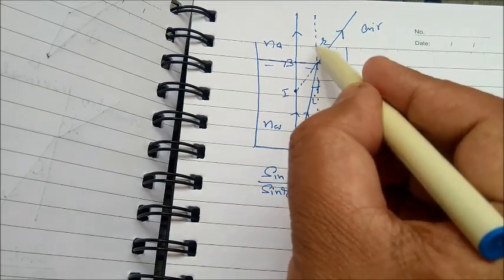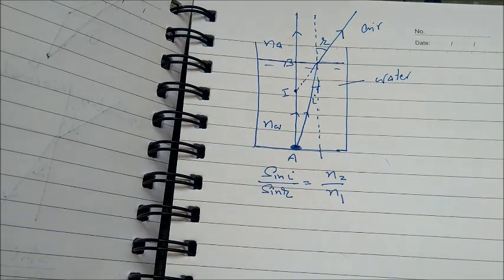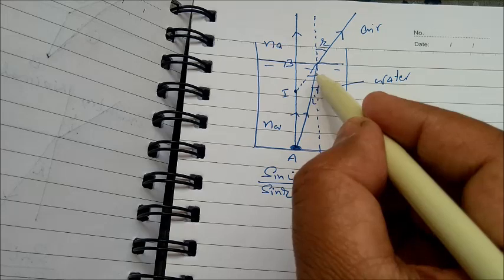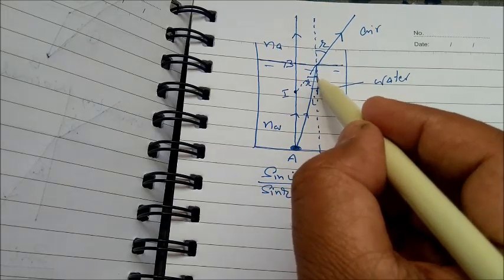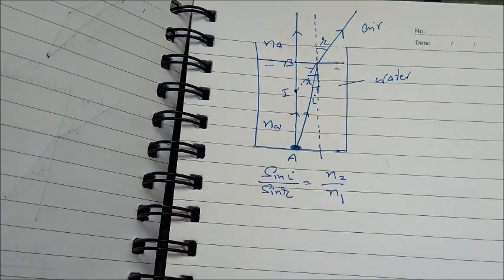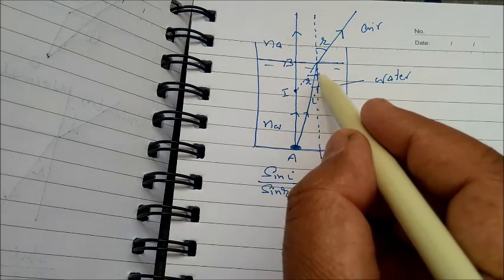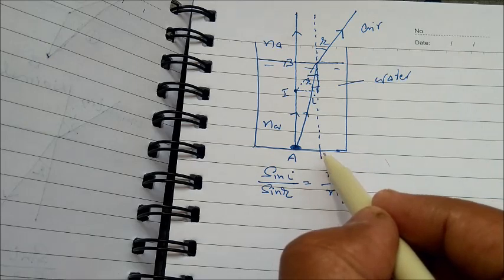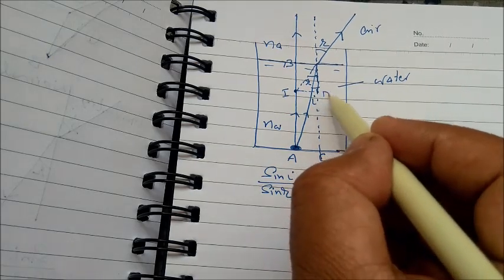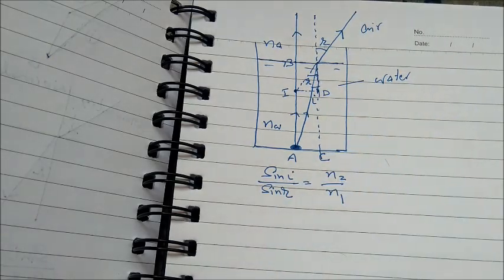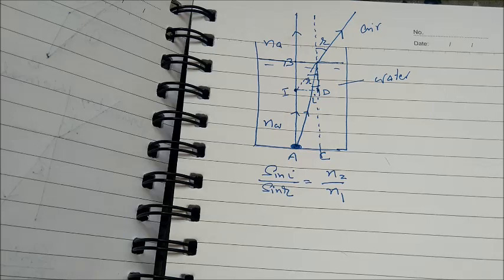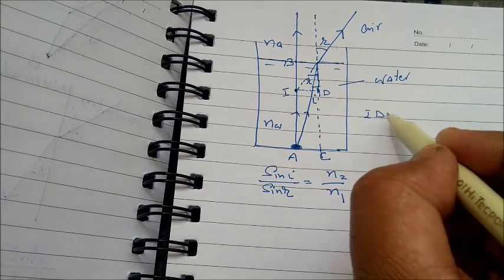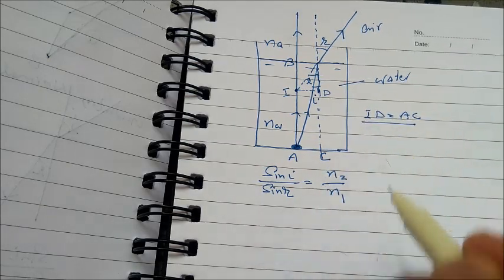This is the refracted ray, this is the normal. And if extended here, so this is r. This bigger angle is i. Let this point be D. ID is AC. We may need it somewhere.